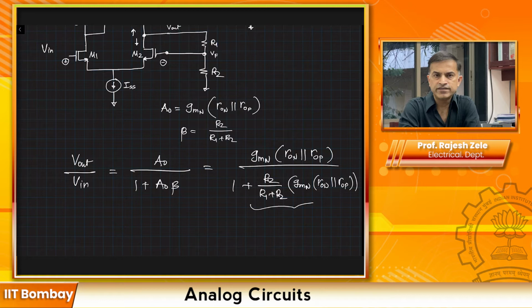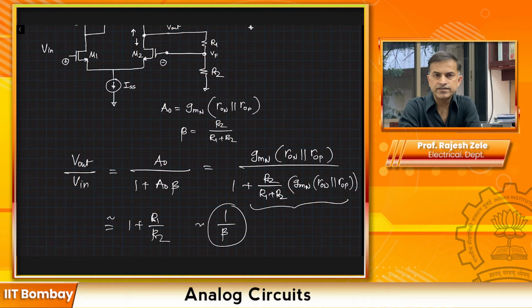If this part of the expression is very large, which is highly likely because gm times Rout is a very large number, then for practical values this will almost look like 1 plus R1 divided by R2, which is again the reciprocal of beta that we have already talked about.